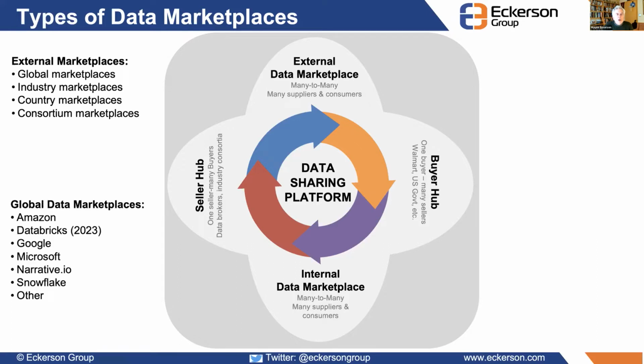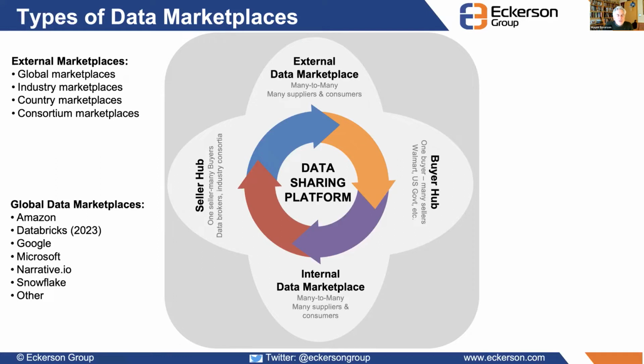So some of the global data marketplaces that are out there today are from, no surprise, some of the biggest cloud data platform providers out there. Amazon definitely has first mover advantage, and Databricks says they're going to launch their data marketplace next year.